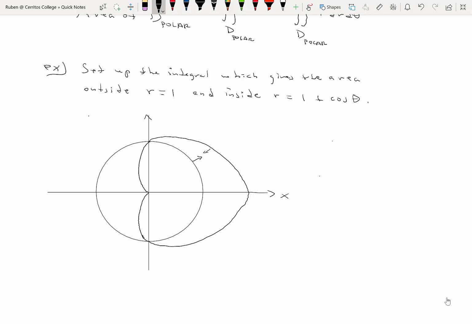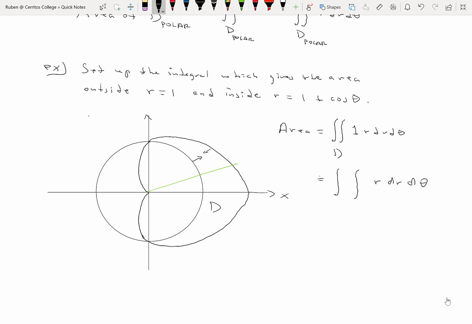Okay, so what I'm going to do is take my little green line, which helps me set up limits of integration, and I'm going to set up my integral. The area is equal to the integral of 1 r dr d theta, or just the integral of r dr d theta, over our region D. So we're going to convert this to an iterated integral. r dr d theta.